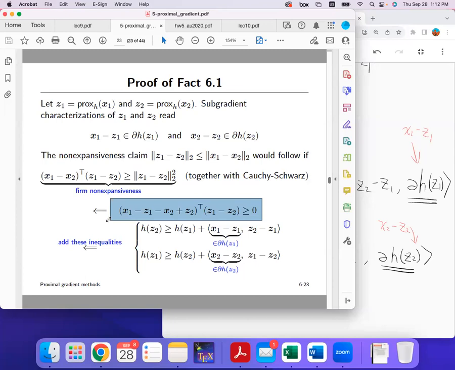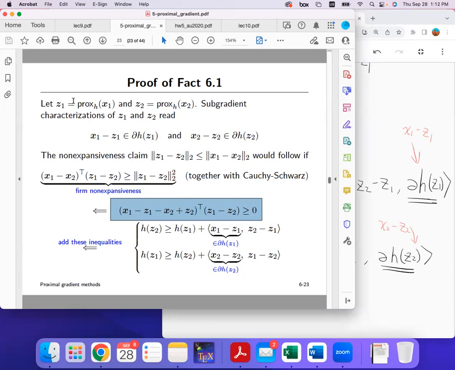So this shows some very interesting and very useful techniques where we leverage the convexity of a function and show some properties associated with its subdifferentials.